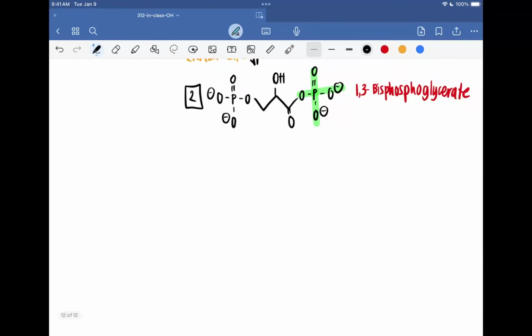So 1,3-bisphosphoglycerate gets recognized by a kinase. And this kinase is called phosphoglycerate kinase. And this is not to be confused with phosphoglycokinase.